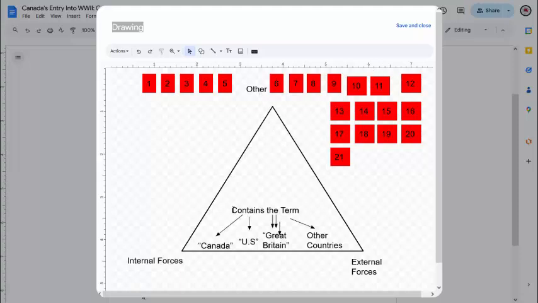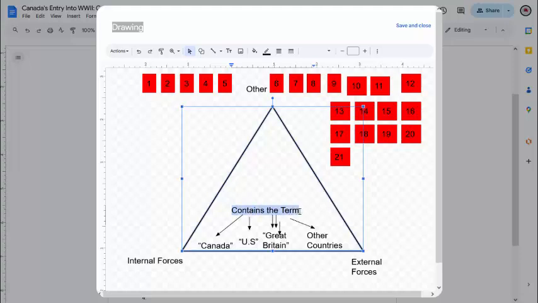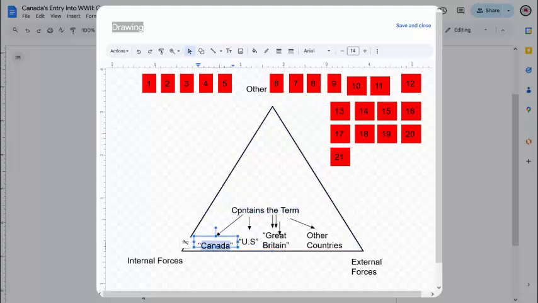That means any event that contains the following terms are to be placed on the triangle close to either internal, external, or somewhere other. If your event contains the term Canada and Canada only, that means it is close to the internal forces side.